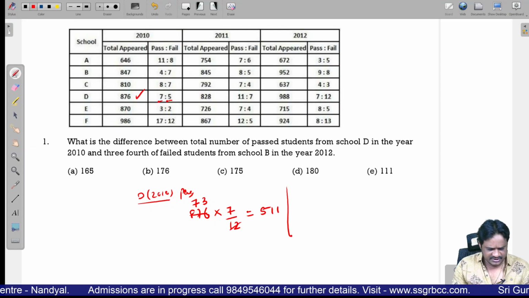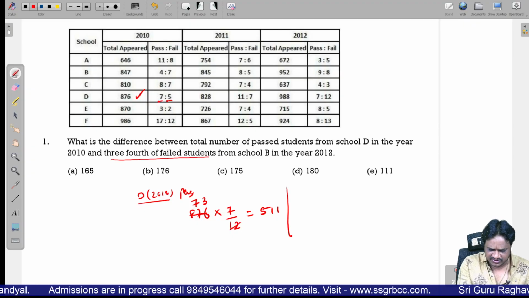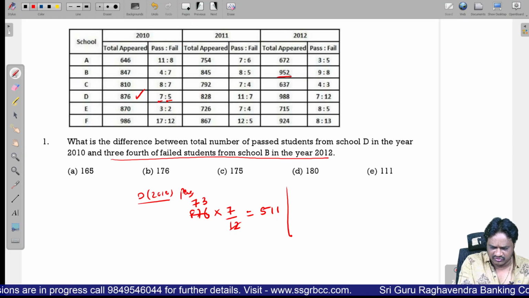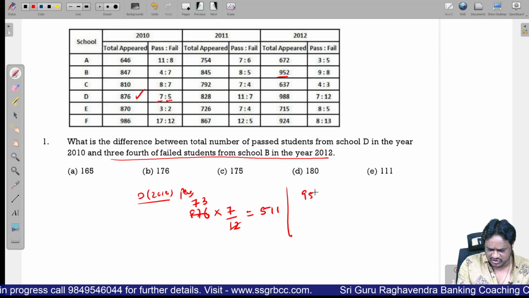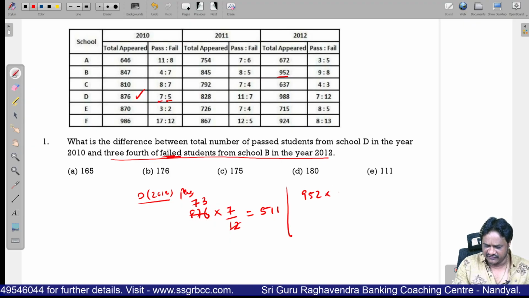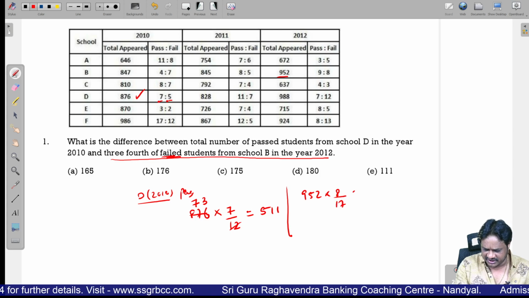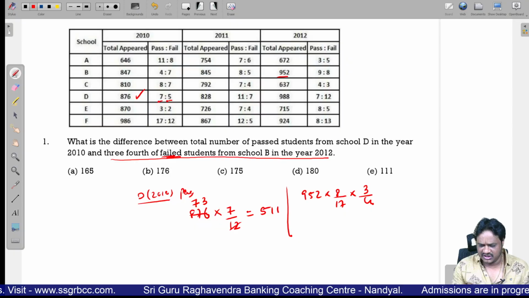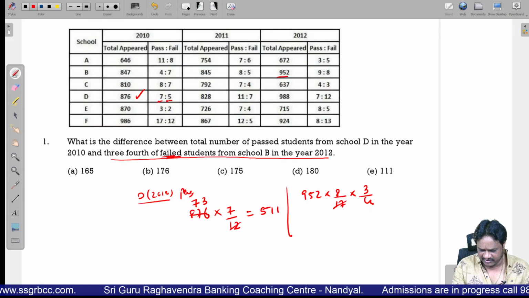Now, next, 3/4 of the failed students from B 2012. B 2012, total 952 students are there. In this, we want failed students. Fail will be 8 by 17. In this, we want 3 by 4 into that. Let us do the calculation. I am dividing by 17. 17 fives 85, 17 sixes. 4 ones, 4 twos.